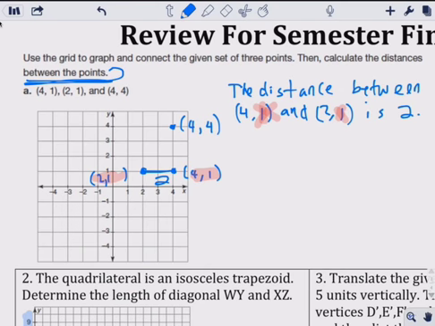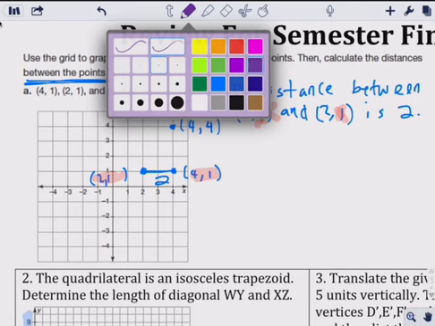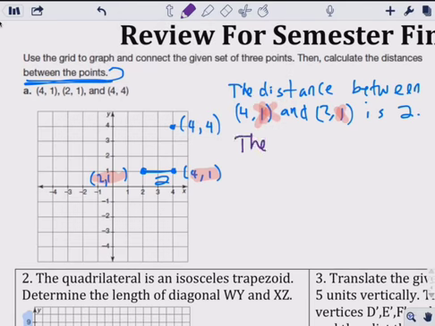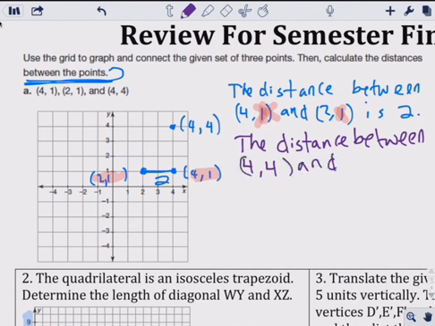Okay, now the distance between 4, 4 and 4, 1 is 3.